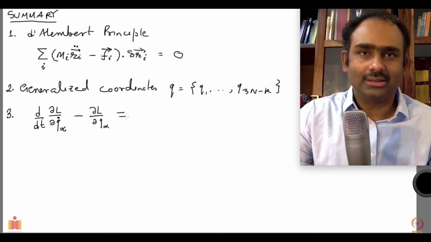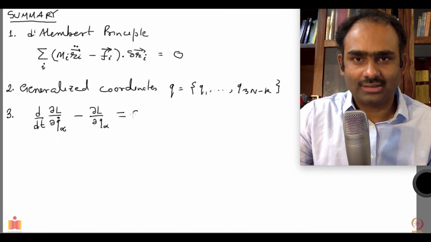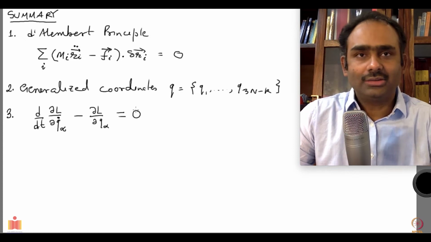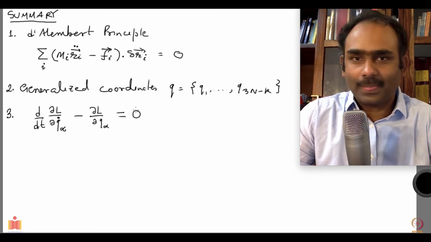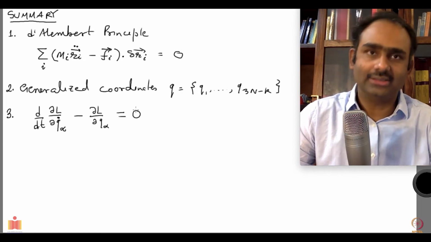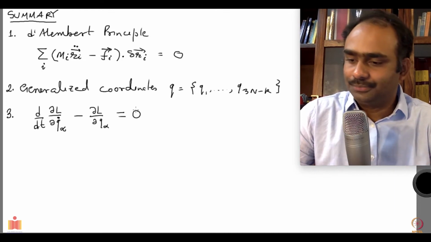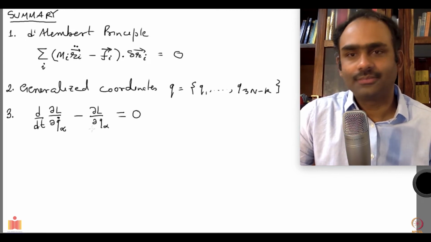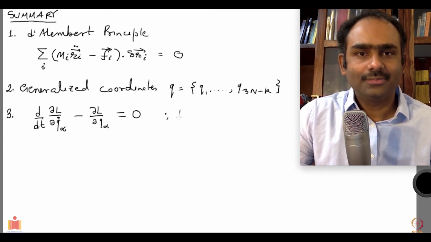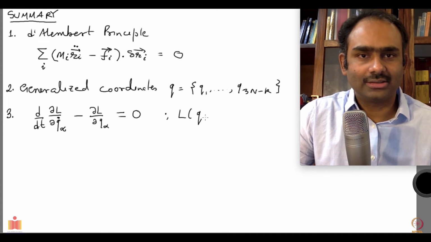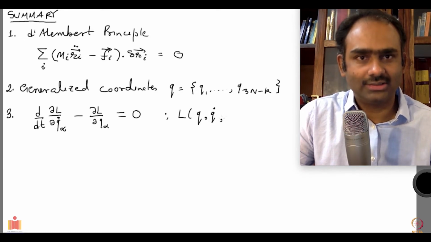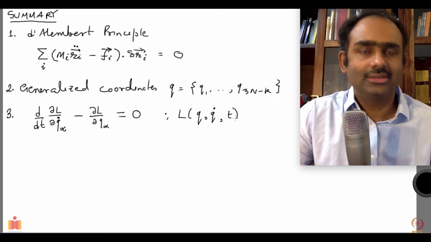Let's say all the forces are obtainable from a scalar potential so that the forces are conservative. Again, then I can write this. Otherwise, on the right hand side you have generalized forces as well. Our Lagrangian is a function of generalized coordinates, generalized velocities, the time derivatives of q, and t also.